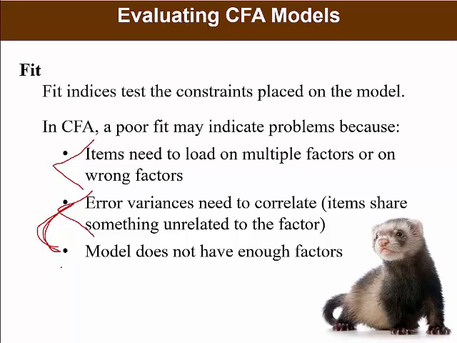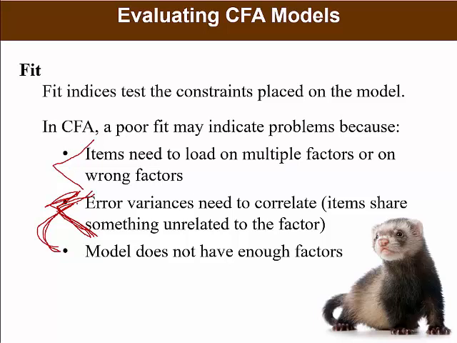And maybe it turned out that the items regarding eating and the items regarding thoughts actually should have been two different factors. And in this case, I'd actually have a problem that the errors, the residuals for the eating items, might want to correlate with each other, because they have some special communality. They're sharing something special with each other that's not fully accounted for by the depression. They have an eating component that's not fully accounted for by the depression component.